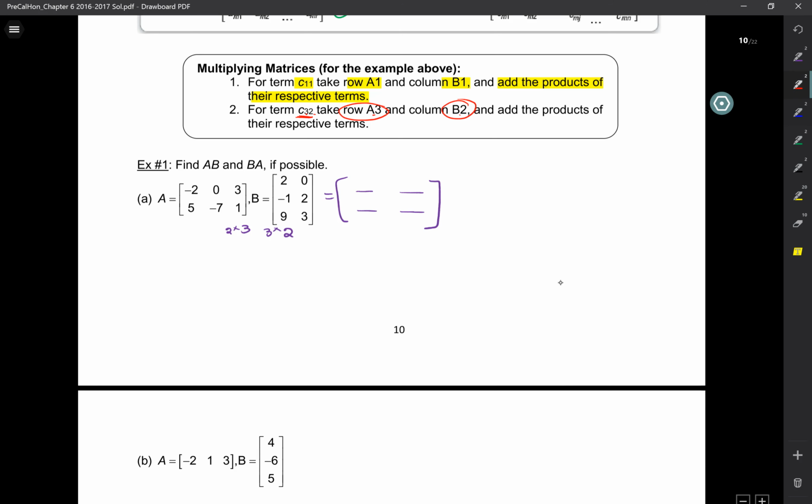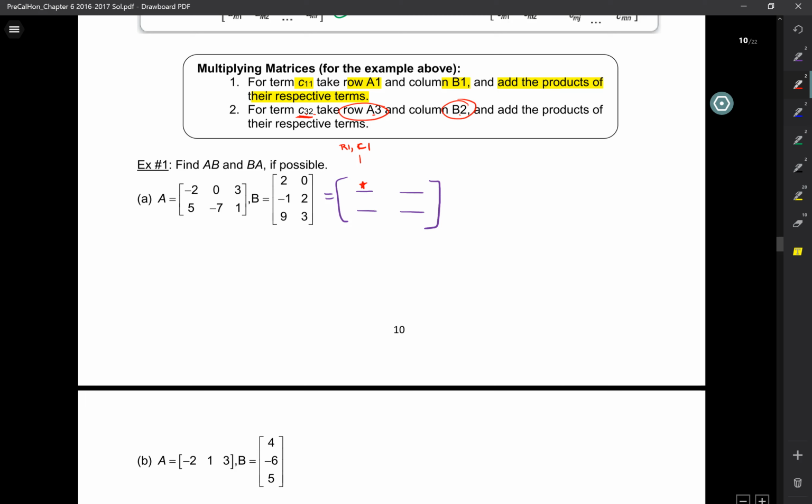So suppose now I want to find this number. Well, what position does that occupy? This is the position row 1, column 1. So what I'm going to do is take row 1 and multiply with column 1.